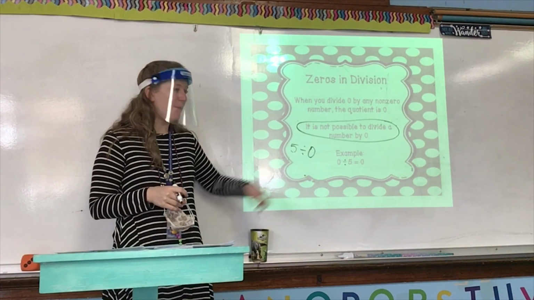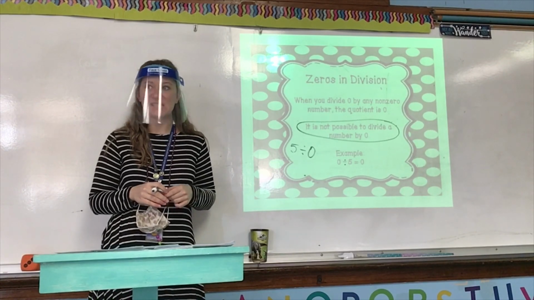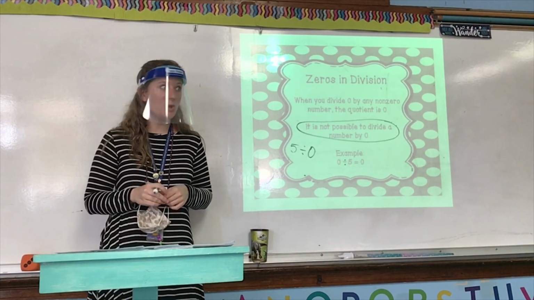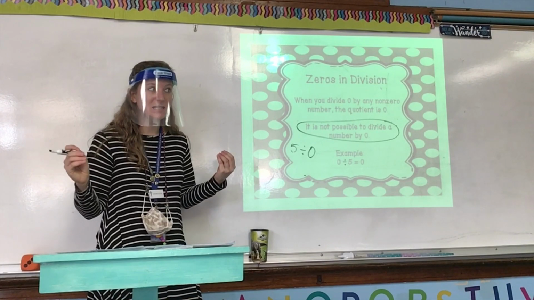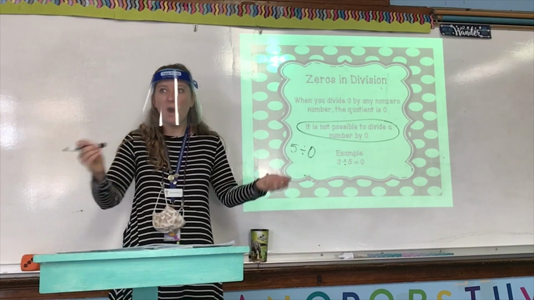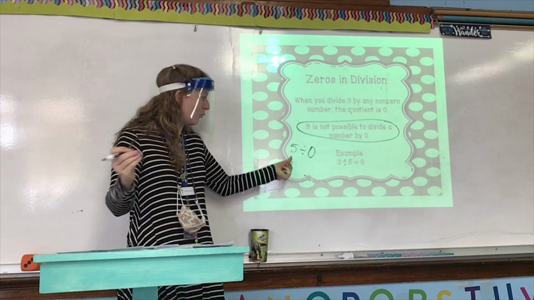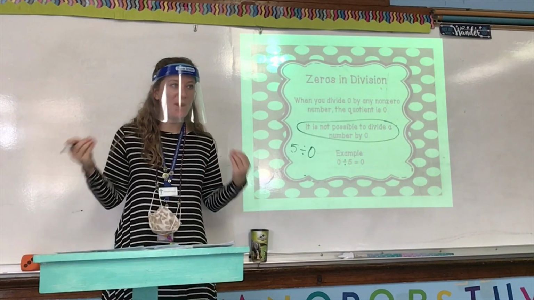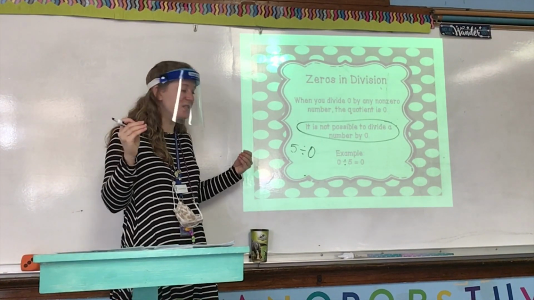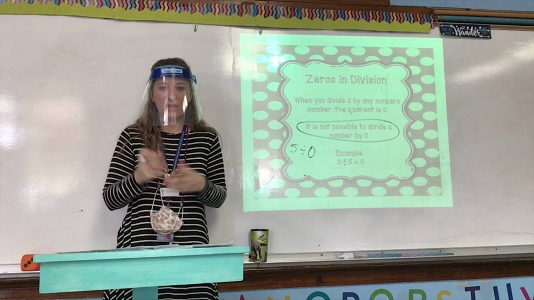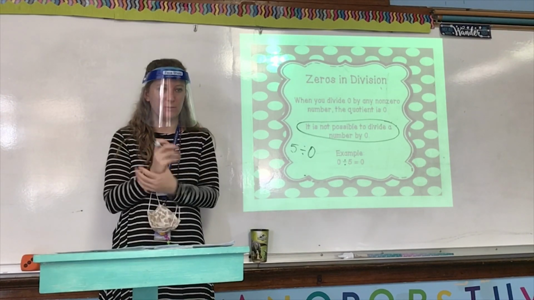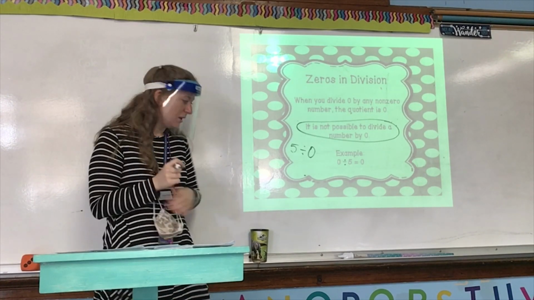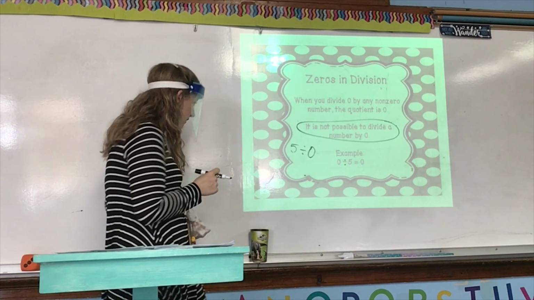If I have 5 apples, can I put them into 0 groups? Is that possible? No, because no matter what, I have one group. I have one group of 5. It is not possible to put them in 0 groups. Because if I have 5 objects, well, I automatically have one group. So this is not possible.